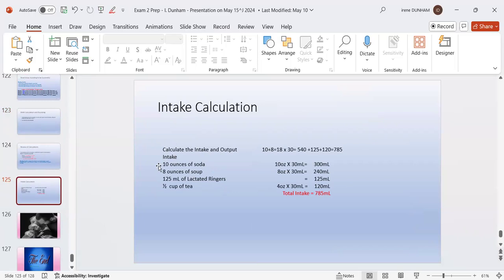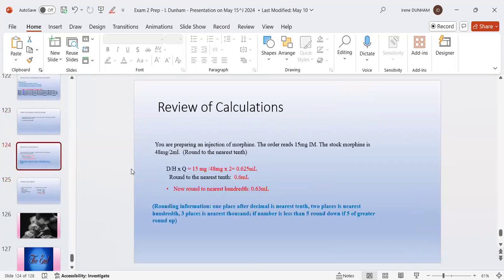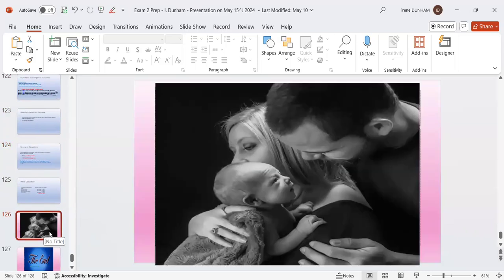You had it on your worksheets. This one is desired divided by what you have on hand times quantity. You round to the nearest tenth, and you can see that this answer is not the nearest tenth. So the nearest tenth would be 0.6.